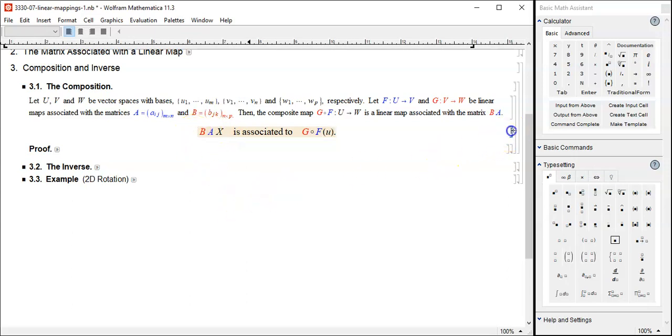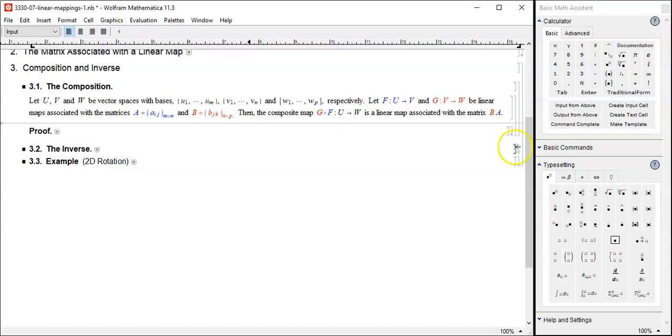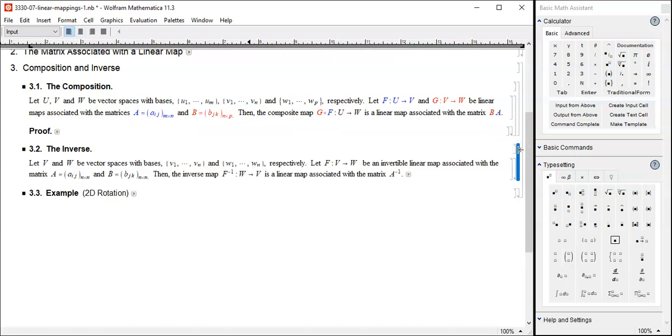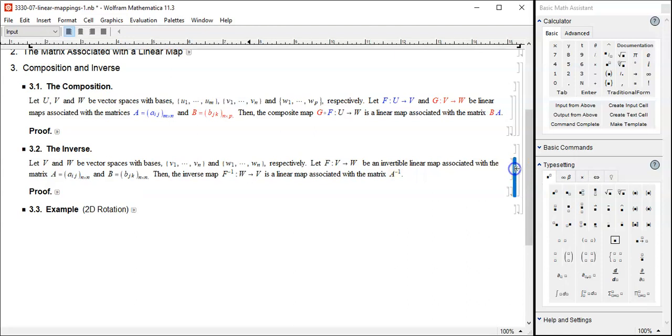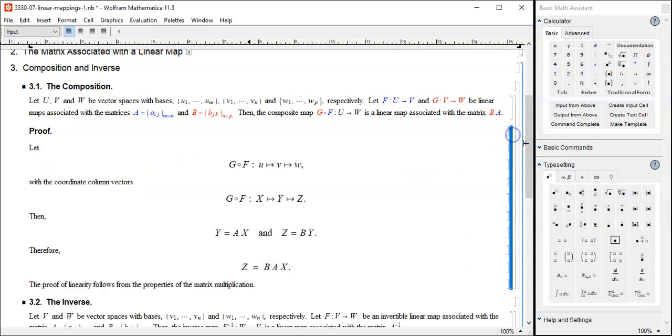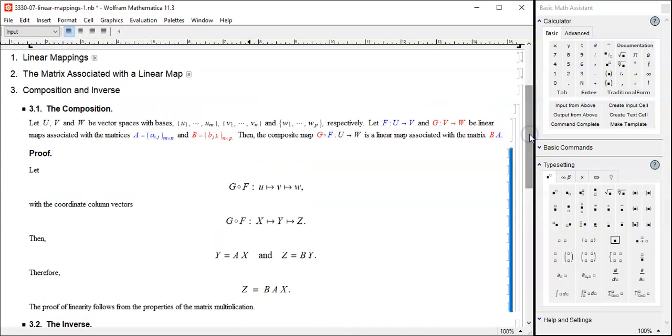Same order, same matrix multiplication. How about the inverse? Same idea. The inverse map is associated to the inverse matrix. That's basically it. Now, do we have enough time to prove these? Okay, let's go ahead. It's relatively less important, but let's do it anyway.